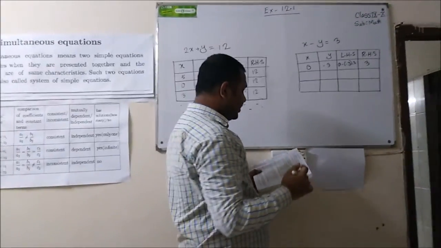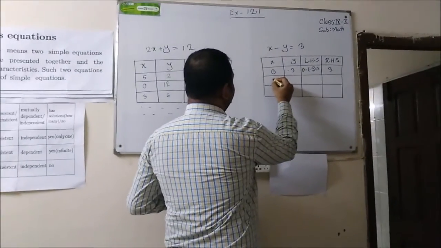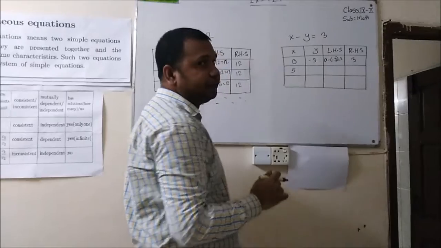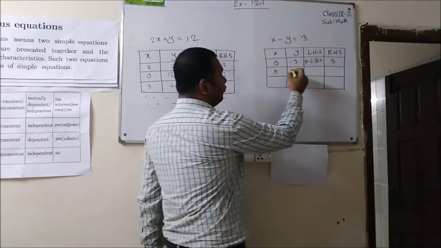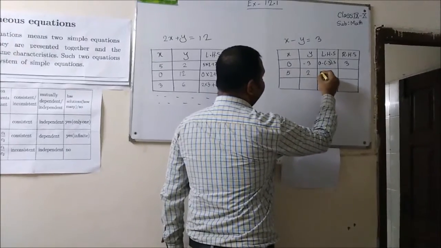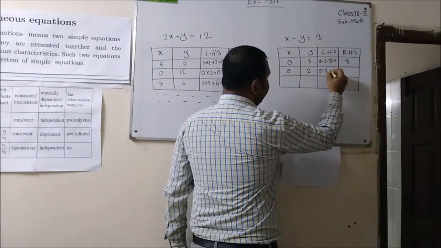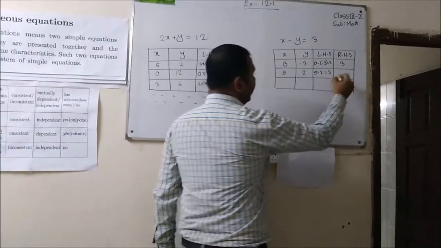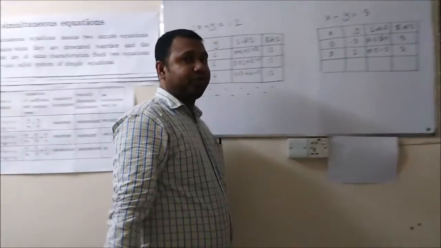Similarly, if I put the value of x equal to 5 and the value of y equal to 2, you will see it will be 5 minus 2, and it is 3, whereas your right hand side is also 3.